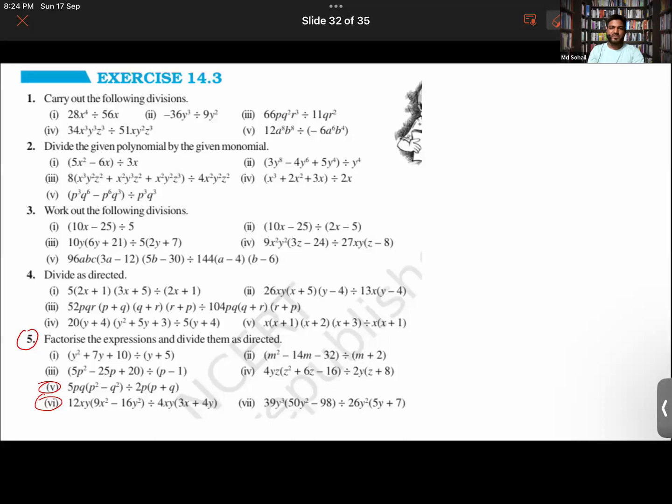There are still a few chapters left, I guess. I guess factorization is the last chapter, besides visualizing solid shapes. Let me have a quick look at your syllabus, because as far as I know, there are a few chapters still left to cover.